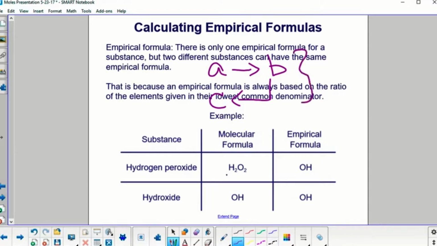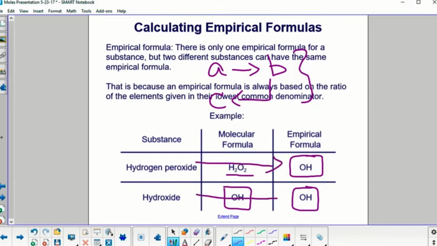Hydrogen peroxide is H2O2. We divide both of those subscripts by 2, and we come up with an empirical formula of OH. However, hydroxide already is in a lowest common denominator, which is also OH. So that implies that, and this implies this, and there we go.